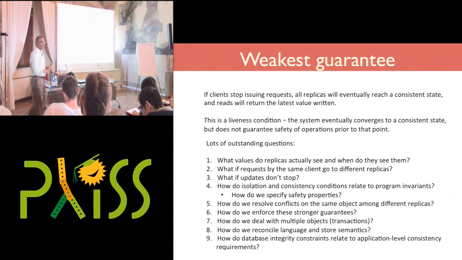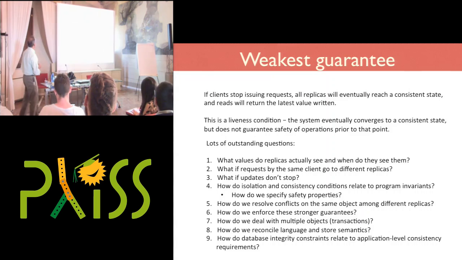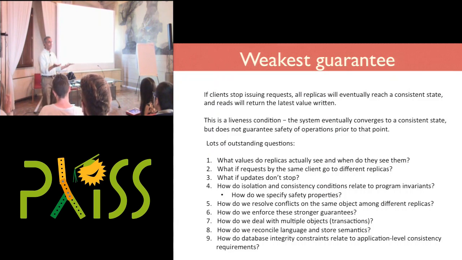What happens if I've got two replicas that write different values to the same location, and they both land up at the same point? What do I do with that? How do I figure out which one should win, which one shouldn't? What do we do when I do want stronger consistency? If I'm running in a world where I've got the weakest guarantees, how do I inform the system that I want something better than what you're giving me?